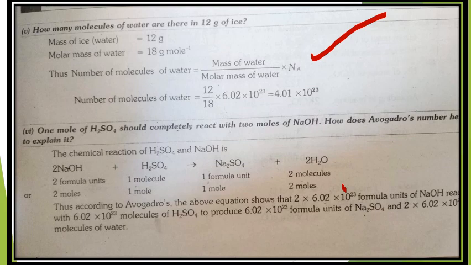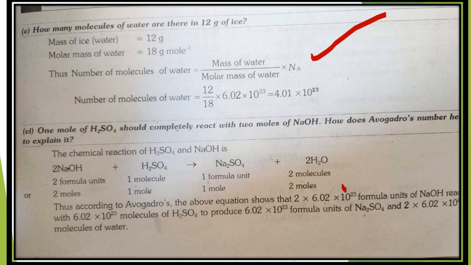Now, how will you read it with respect to Avogadro's number? It is quite simple. 2 multiplied by 6.02 times 10 power 23 formula units of NaOH react with 6.02 times 10 power 23 molecules of sulfuric acid to produce 1 into 6.02 times 10 power 23 formula units of sodium sulfate and 2 multiplied by 6.02 times 10 power 23 molecules of water.